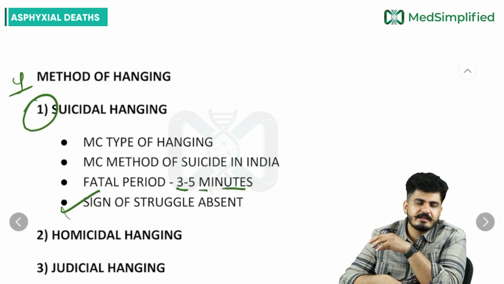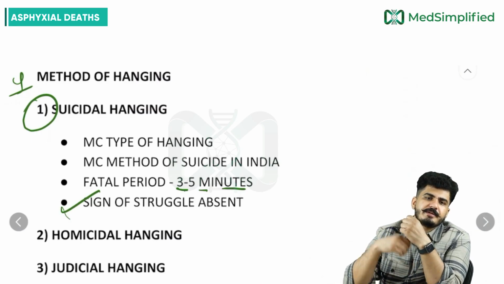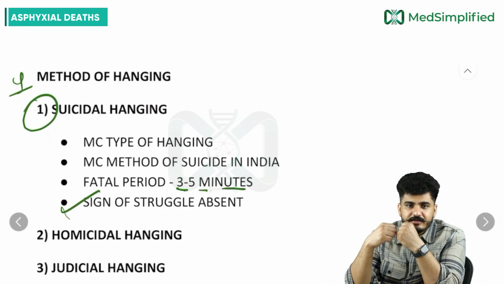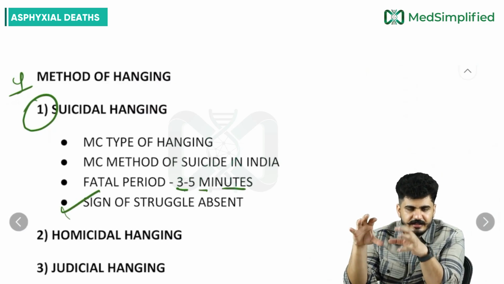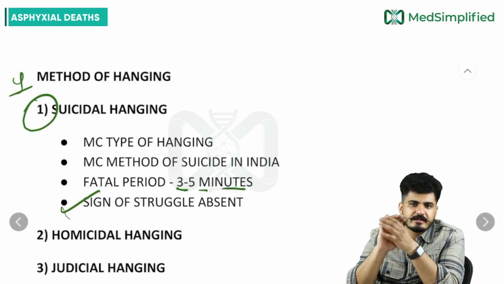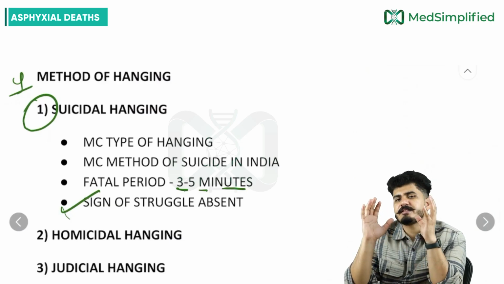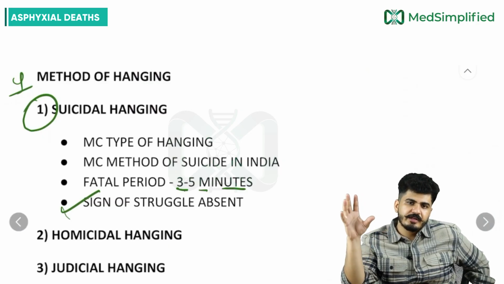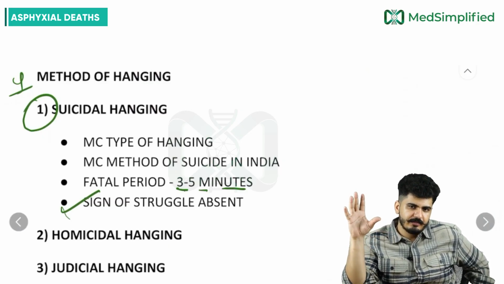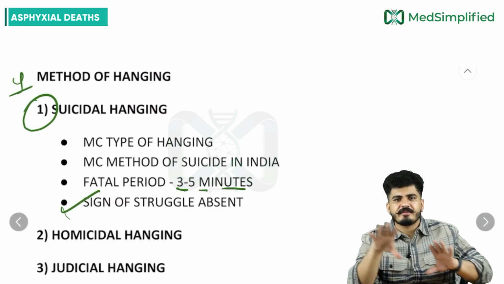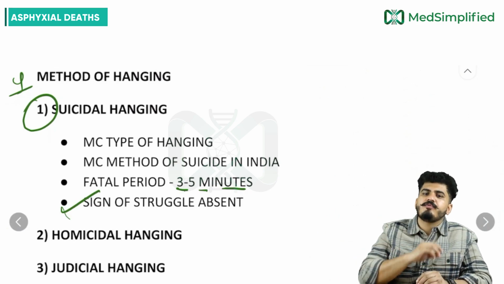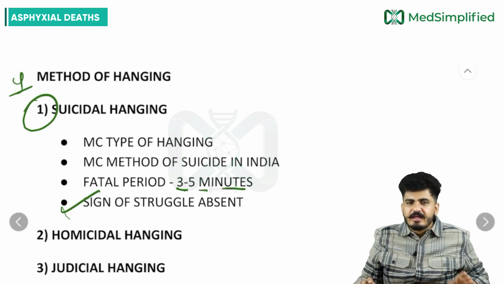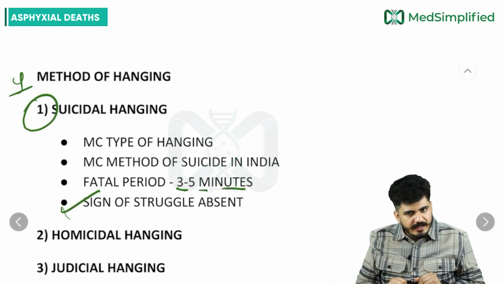What does sign of struggle mean? Just imagine the situation. If someone is forcefully making you hang, like a mob of 15-20 people forcefully trying to hang you, what will happen?